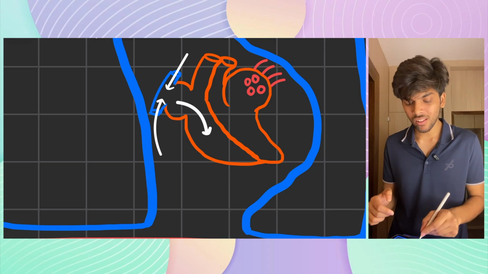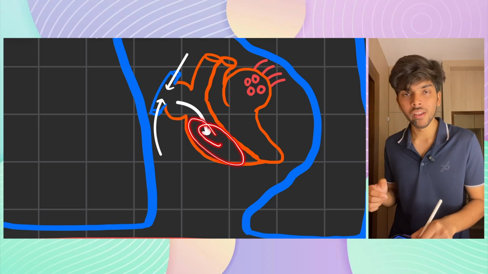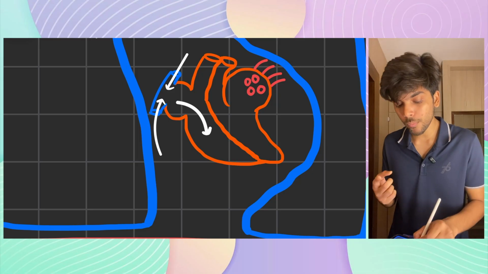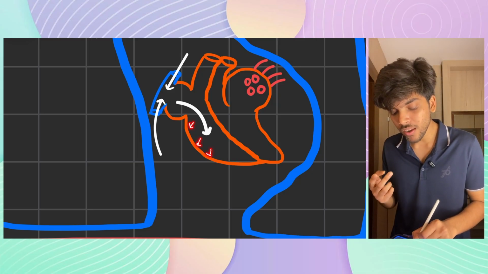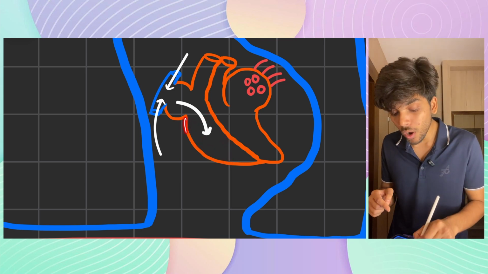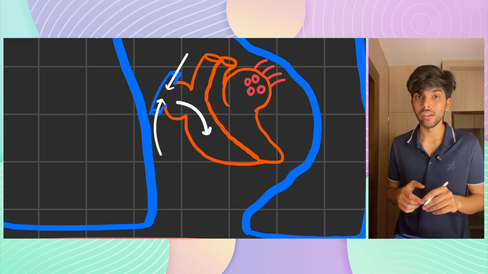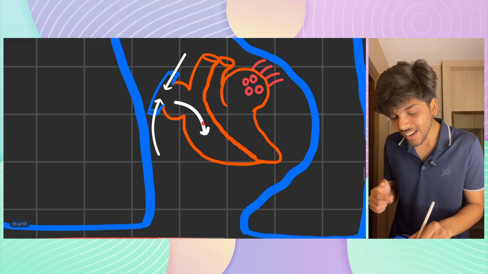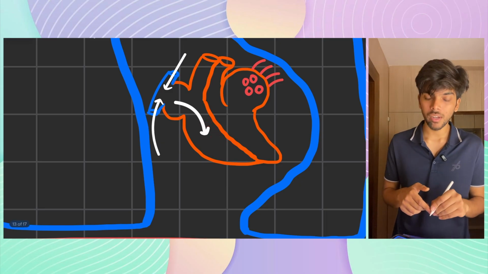Inside the right ventricle, this lots of blood is going to push against, number one, the free wall, and number two, the interventricular septum. Since the free wall is fixed with the pericardium, it is the interventricular septum that gets affected.